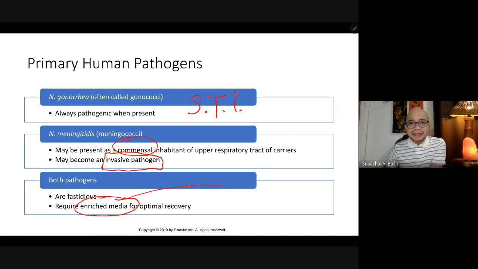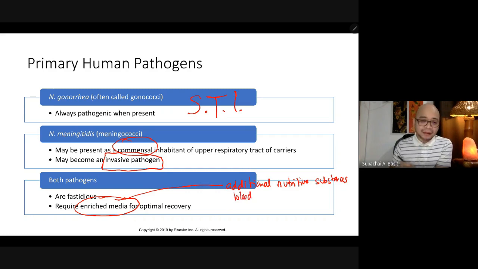What does it mean? Enriched media means that you have additional nutritive substances added, and usually this is in the form of blood. But for Neisseria, we usually heat the blood.